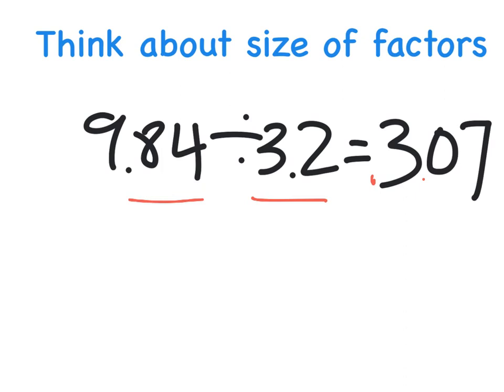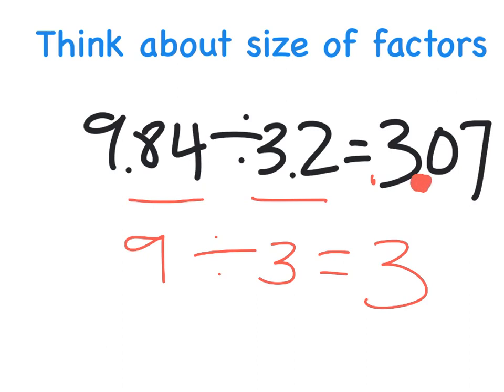So now I need to estimate. Sometimes you're going to have to use more than one strategy in order to figure out where the decimal point goes. So let's go ahead and estimate. I'm going to make this second number a 3, and I'll make this 9.84 into a 9. 9 divided by 3 is 3. So this helps me recognize that while there are a couple places it could go based on the size of the numbers, it makes the most sense to go right here because of our estimate.